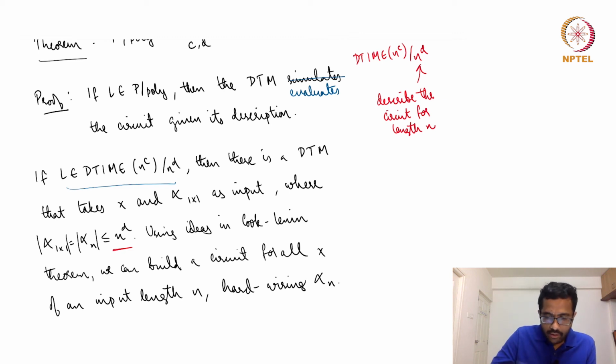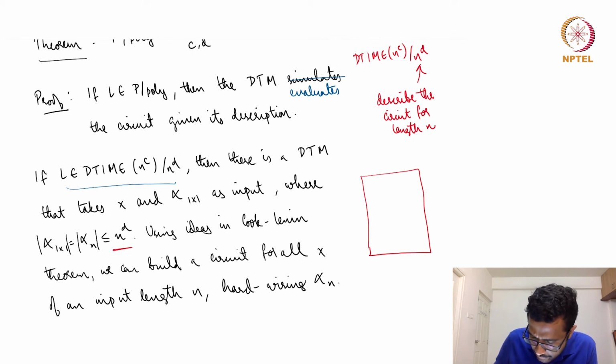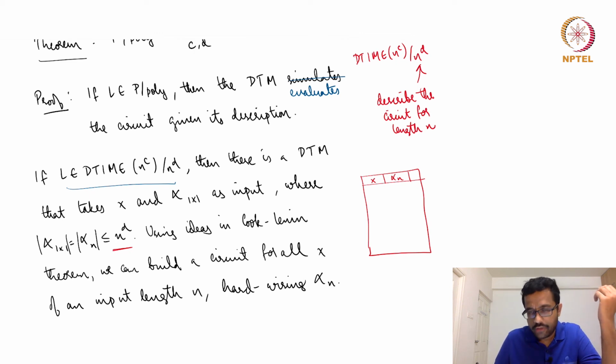Now we could once again recall the proof of the Cook-Levin theorem. There is a Turing machine that runs in polynomial time, DTIME(n^c), that takes input x and a certain alpha_n. And we could build a circuit that corresponds to the decision process of this Turing machine.